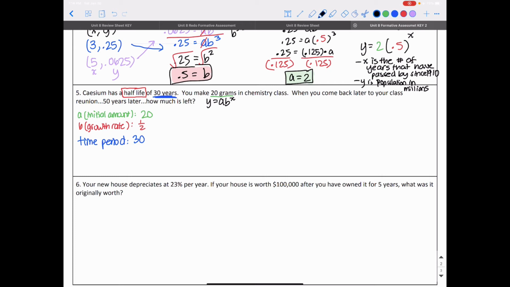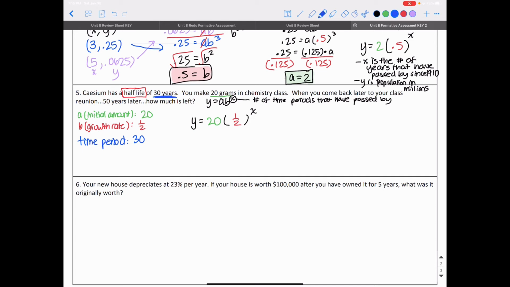When I create this problem, I have y is equal to 20, the initial amount, times my growth rate, 1/2, raised to the x power. This exponent actually means the number of time periods that have passed by. And that's usually one year, or 1 unit, number of time periods that have passed by. But in this case, it's actually every 30 years.